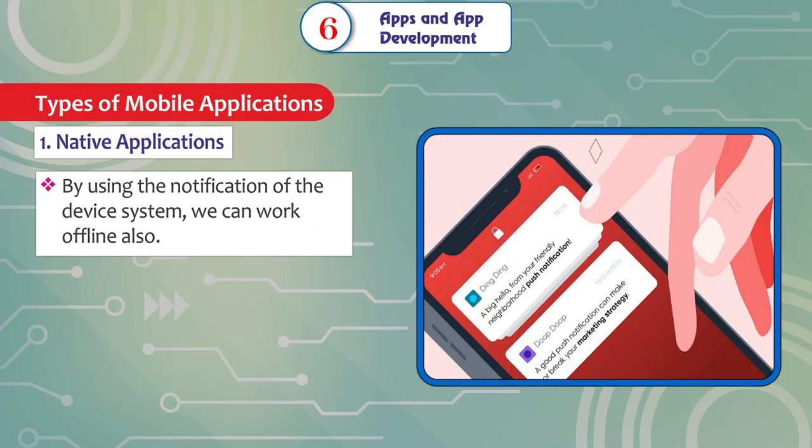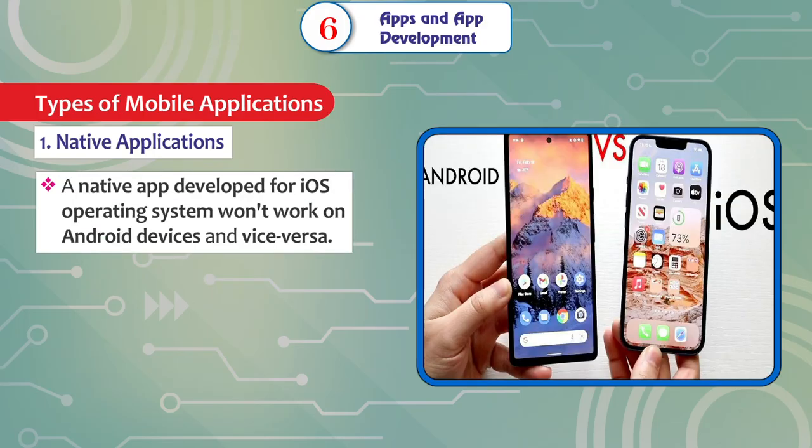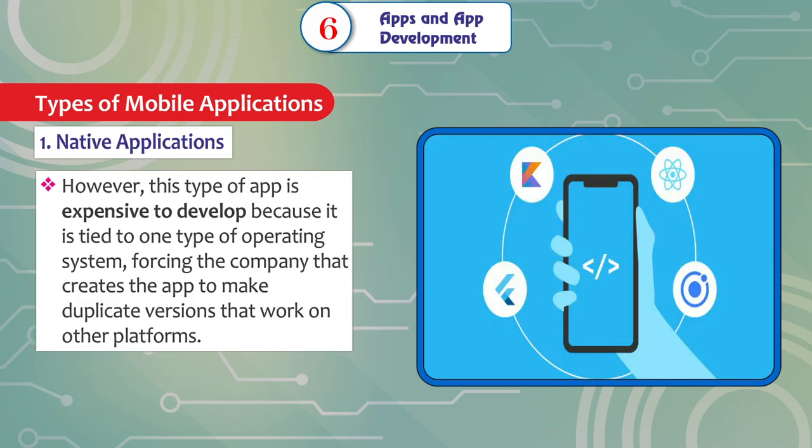By using the notification of the device system, we can work offline also. They take advantage of the latest technology. A native app developed for the iOS operating system won't work on Android devices and vice versa.